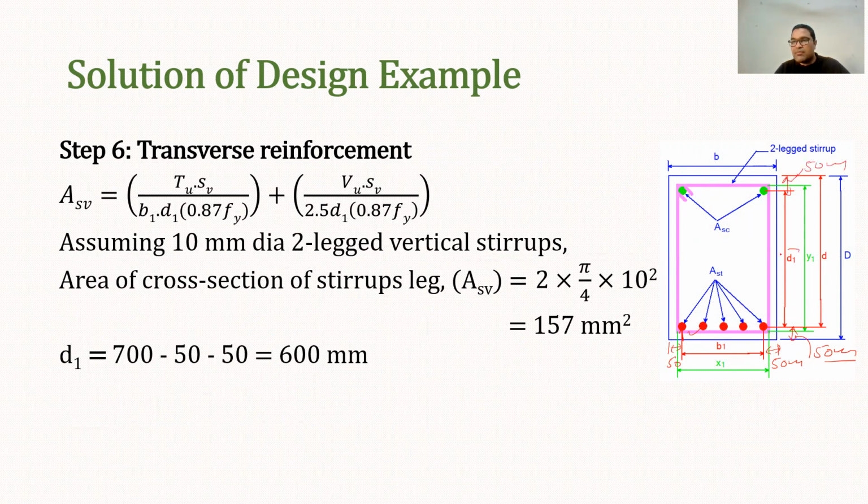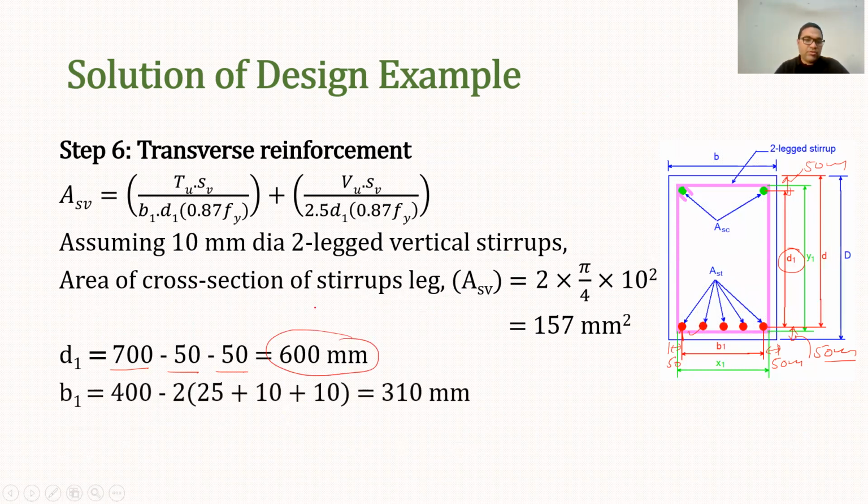So D1 is the overall depth minus the effective cover from both ends, center to center. So the approximate value of D1 is 600 mm. Similarly, to find the value of B1, if we measure the clear cover, and take the minimum clear cover as per the IS code recommendation, then it would be 25 mm.